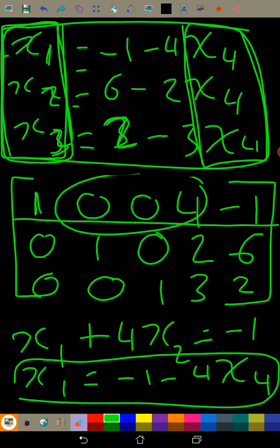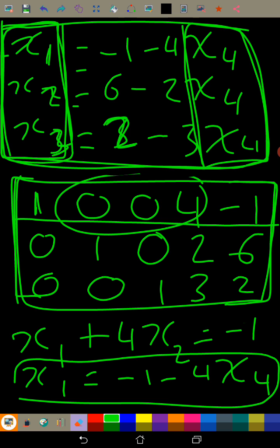This is not totally reduced, how do you call this? Reduced row echelon. Sorry, this matrix is not in reduced row echelon.